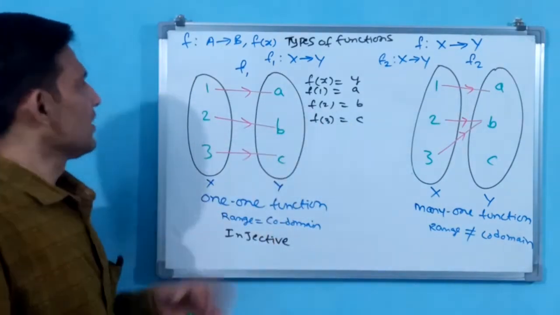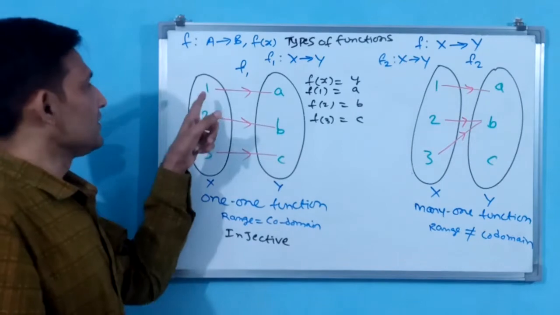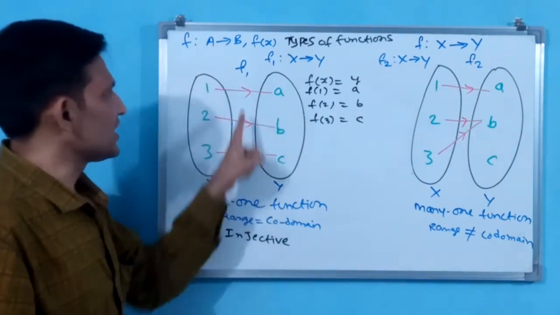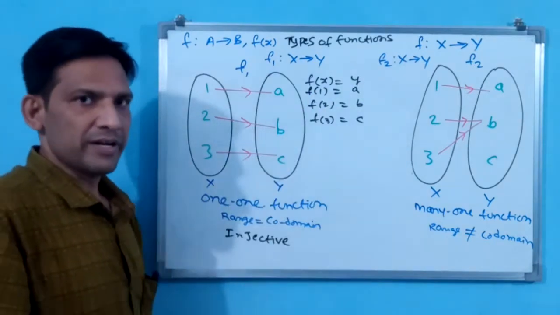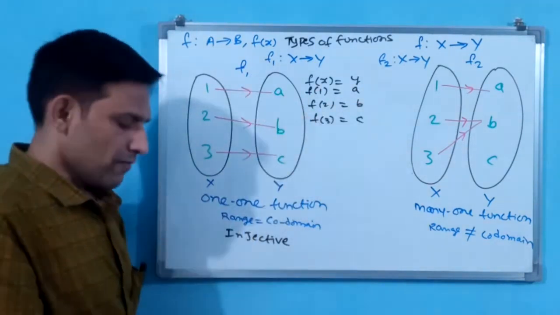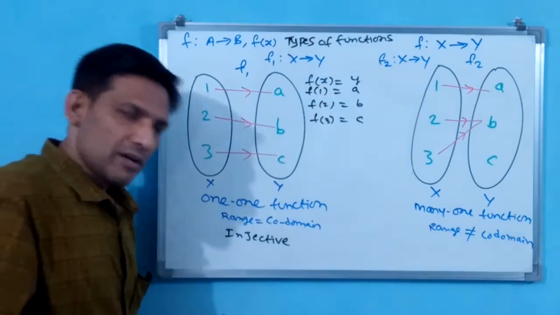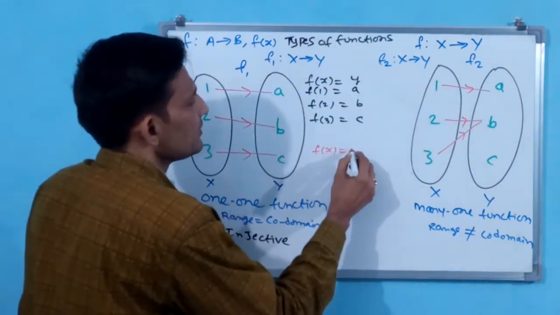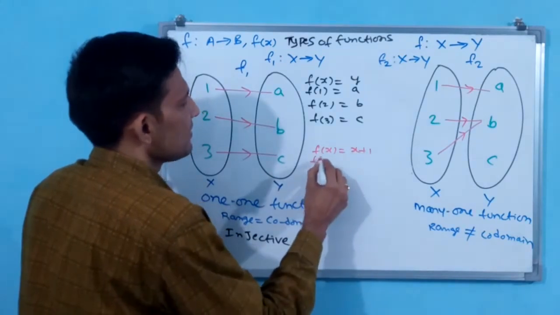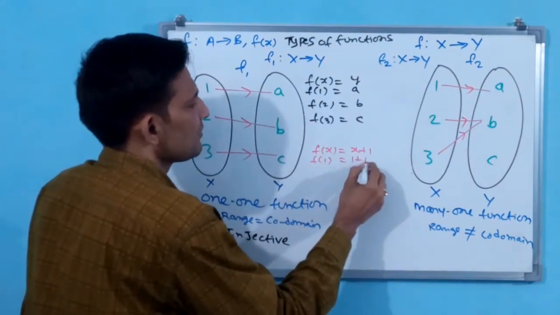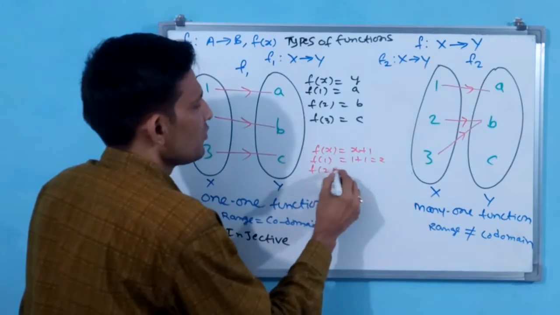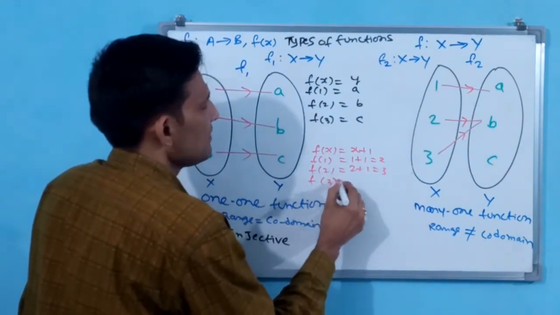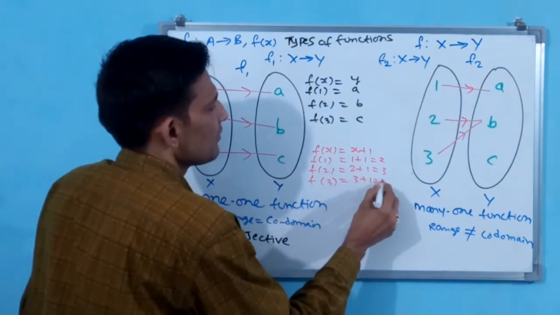Why? Because you can say this is input, this is output. In between, the function is operating. This function may be different. We have not gone into detail, but I am telling you, if f of x is equal to x plus 1, then f of 1 will become 1 plus 1, 2. f of 2 will become 2 plus 1, 3. f of 3 will become 3 plus 1, 4.